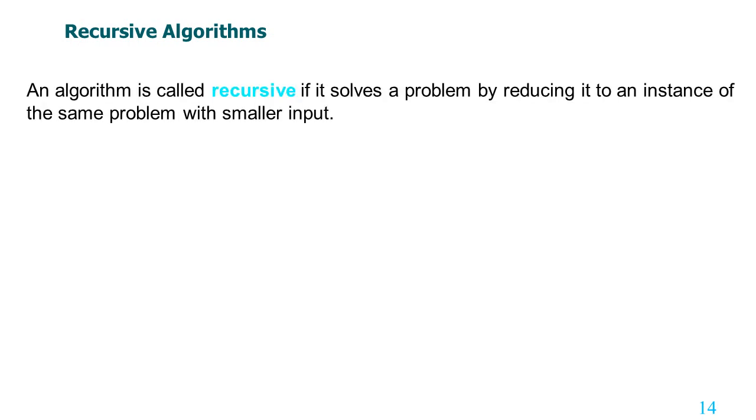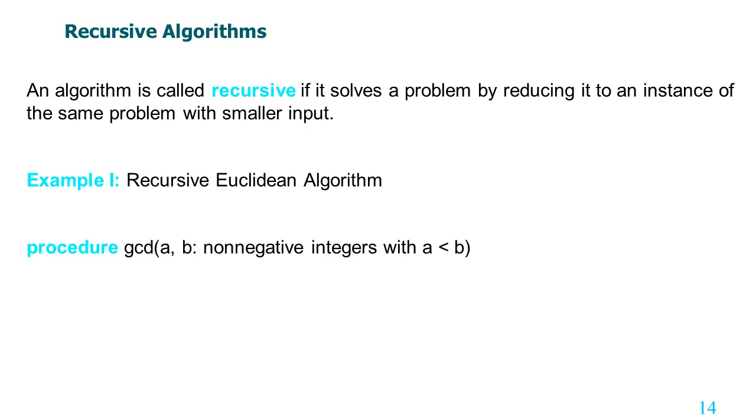There are various types of recursive algorithms which can solve various types of problems in a very simple way. For example, the recursive Euclidean algorithm to calculate the GCD, that is the greatest common divisor.